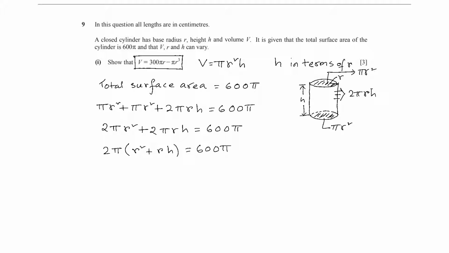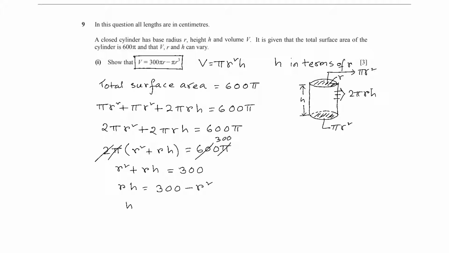This pi cancels out this pi, and 600 divided by 2 is 300. So in the next line we can write r squared plus r h is equal to 300. Now subtracting r squared from both sides, we can write r h is equal to 300 minus r squared.